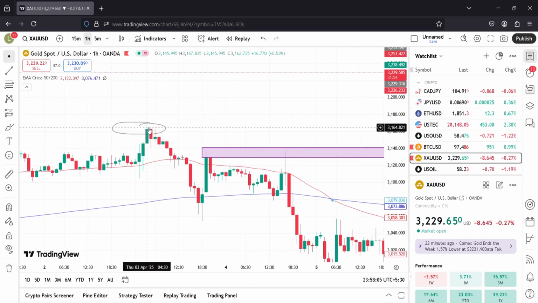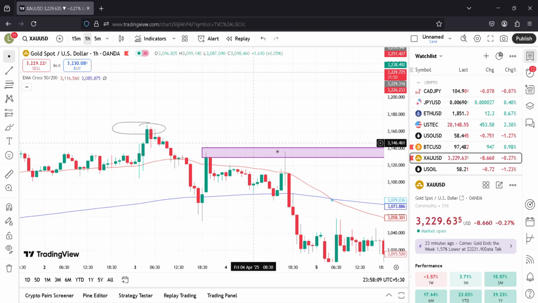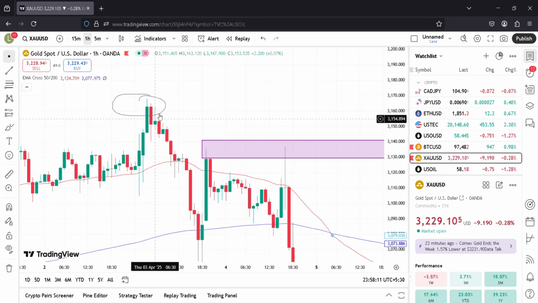When does it often form? I told you before, it forms when many hedge funds and banks are looking to short. Note it down, guys.